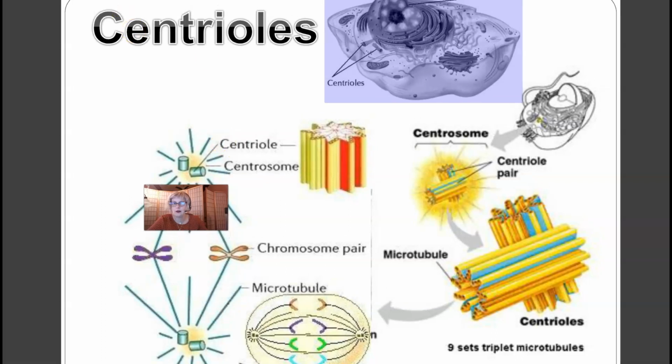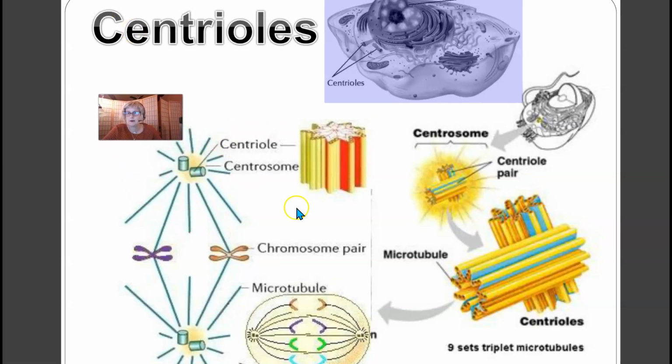We have a centriole. They are located 90 degrees to each other. Now notice the term centrosome. Centrosome is the entire region which contains the centrioles that are 90 degrees to each other. And the centrioles are made up of microtubules.